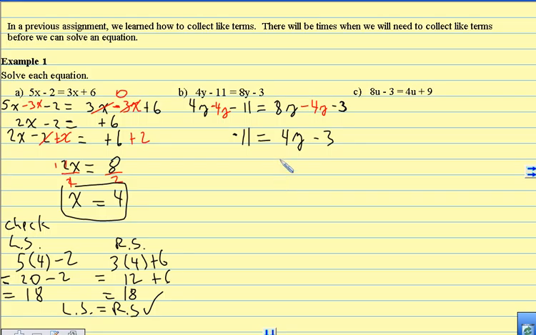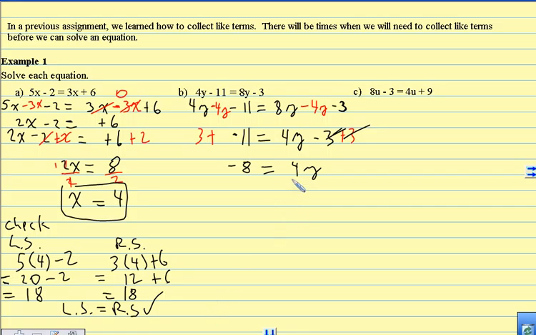So what this is saying is that if I have 4y minus 3, my result is negative 11. My last step is subtracting 3, so my first step would be adding 3, but then I have to add 3 here as well. So 3 plus negative 11 is negative 8, equals 4y minus 3 plus 3, which goes away, leaving just 4y.